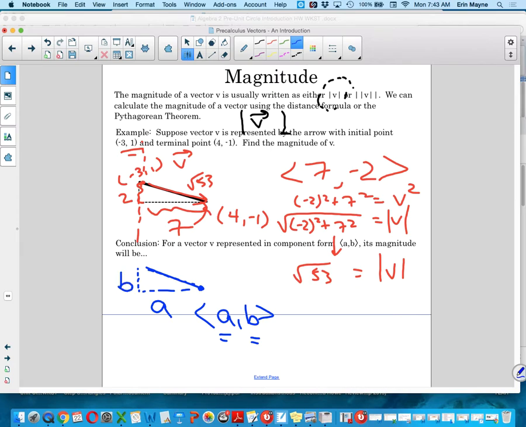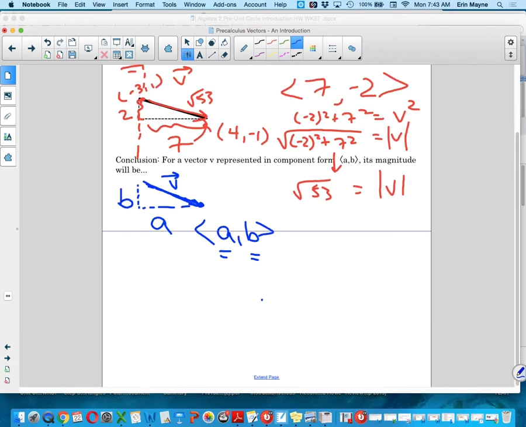My vertical component would be here when this vector is drawn essentially as the hypotenuse of a right triangle. And so how would I find the magnitude of vector v? I would say that magnitude is the square root of a squared plus b squared.